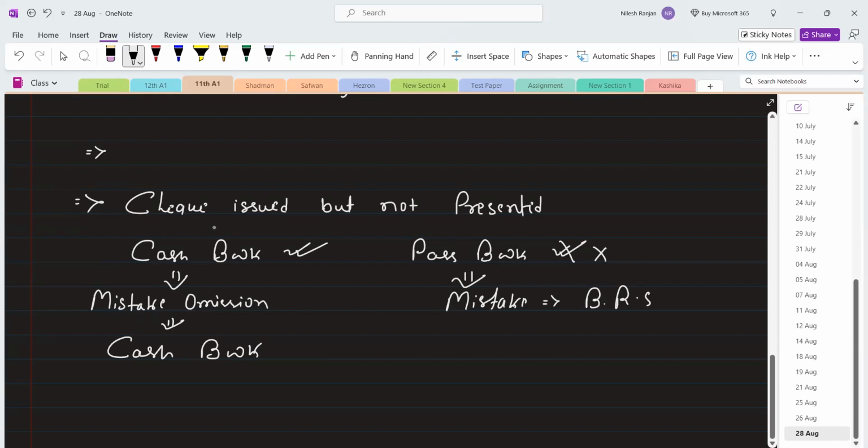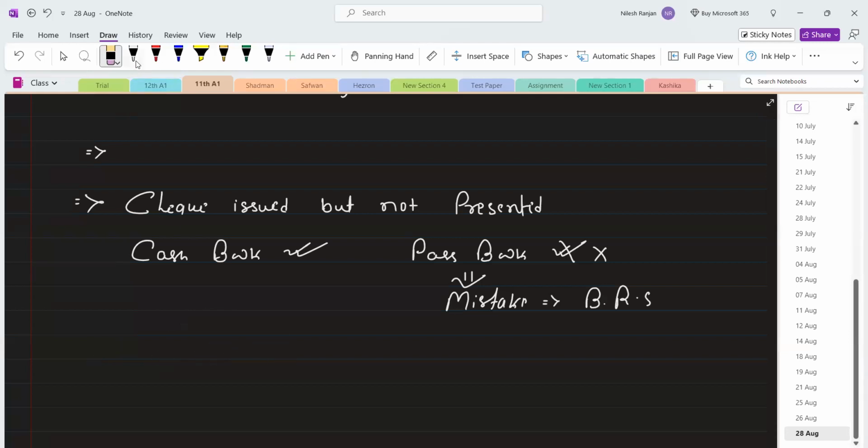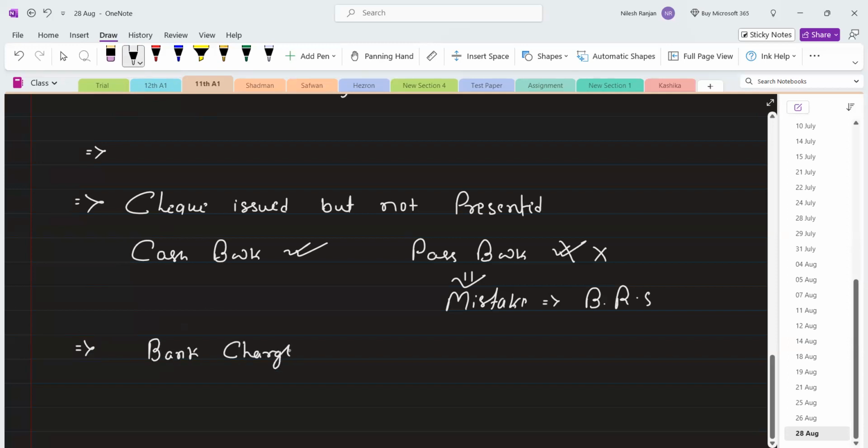So in this case, this is a mistake of passbook. Now, bank charge debited by bank.